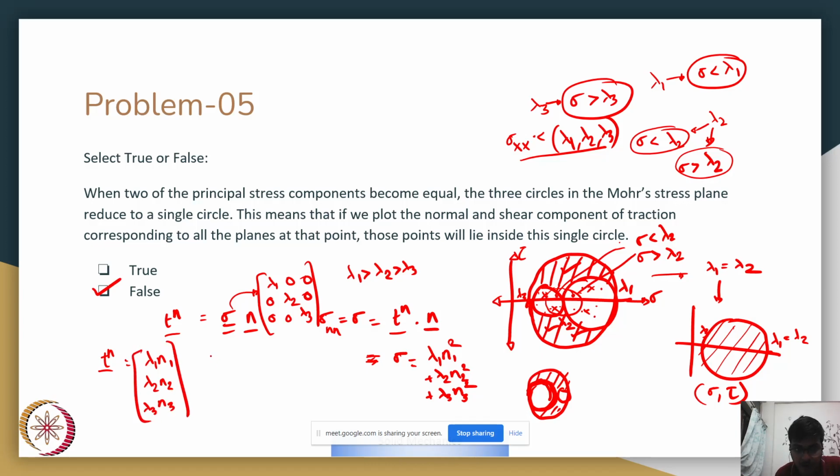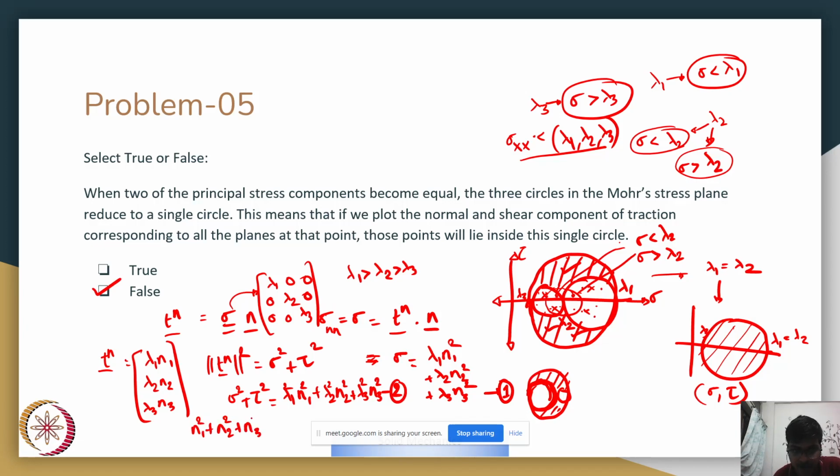If I take the modulus of traction Tn, it is nothing but sigma square plus tau square. So sigma square plus tau square is lambda 1 square n1 square plus lambda 2 square n2 square plus lambda 3 square n3 square. This is equation 2, and the earlier one is equation 1. Finally I have a constraint, n1 square plus n2 square plus n3 square equal to 1.